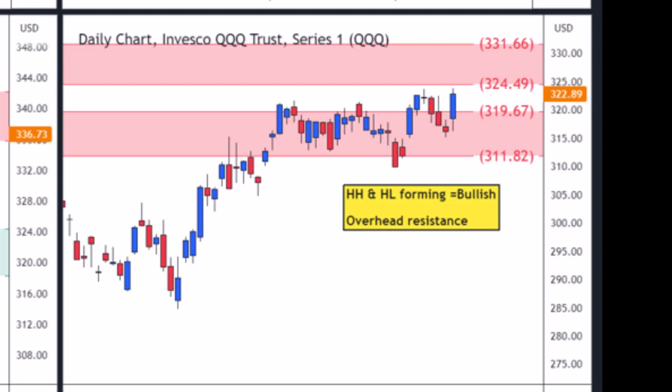So that's encouraging for the bulls. The only drawback I would say is we have overhead resistance right above it. So anytime you get that, obviously we're going to see some selling pressure coming in, but so far so good for the bulls. And the NASDAQ stocks have been pretty strong recently, NVIDIA, Apple, and so on. So they've had some really nice runs, and we'll see if that can continue or not.